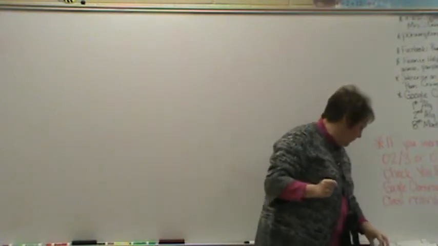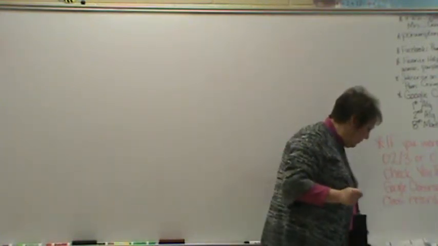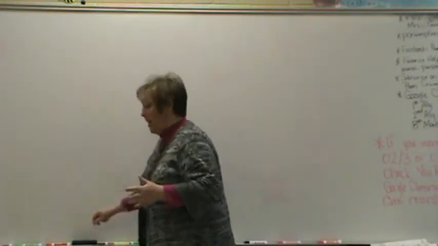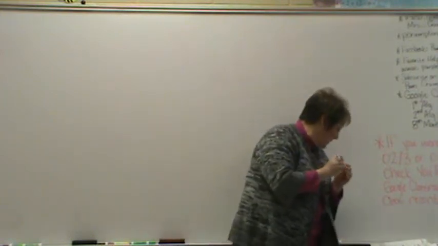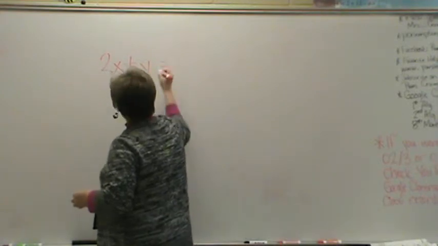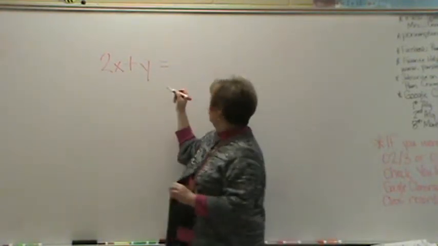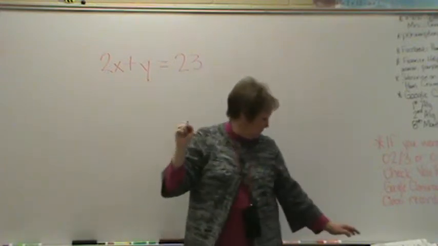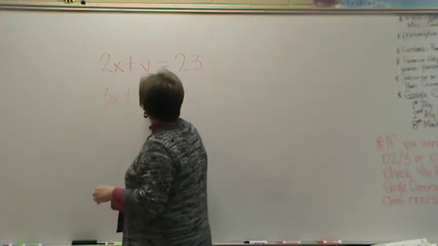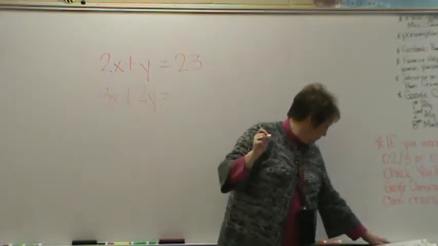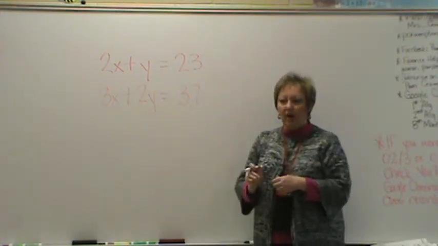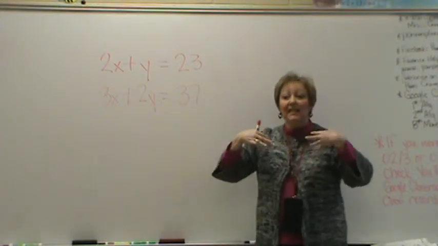All right, what if I don't have a pair that is obviously opposites? You gotta make one. Okay, do I have an obvious pair of opposites here, or something that I can obviously make opposites?